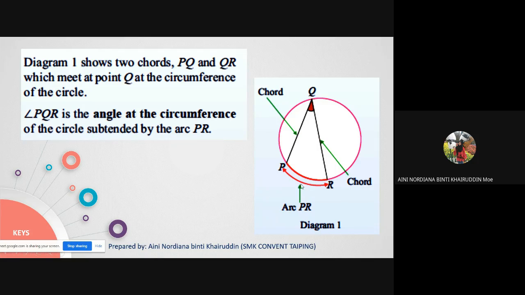Okay, this is arc PR. And then you have two chords that meet at one point, which here is Q, at circumference. So we call it angle at circumference.